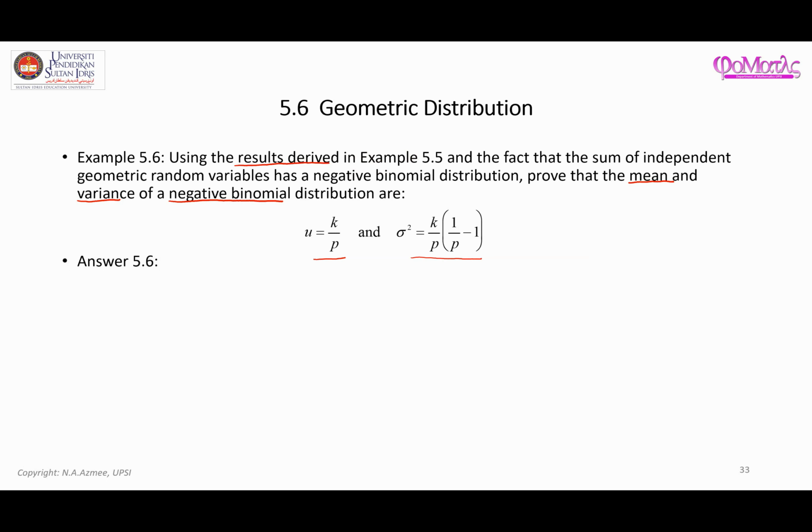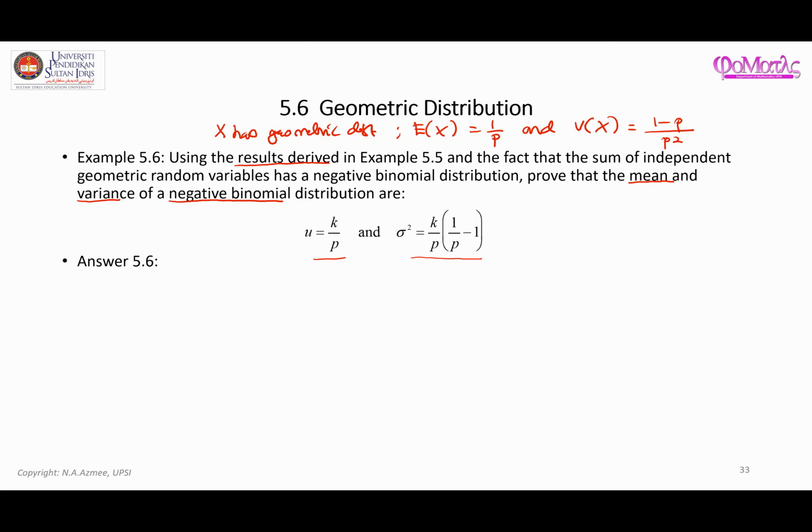If X has a geometric distribution, then the expected value of X is equal to 1 over p, and the variance of X is equal to (1 minus p) over p squared. These are the results derived in example 5.5.